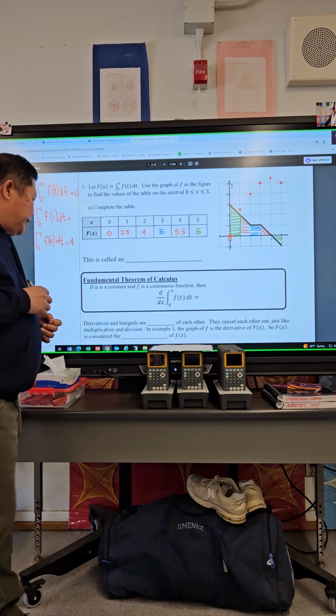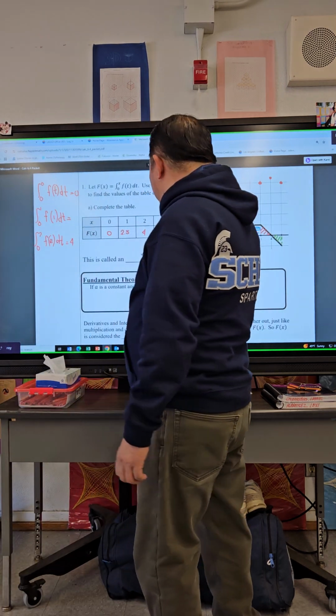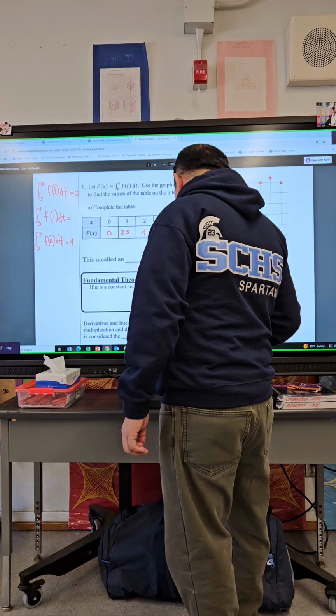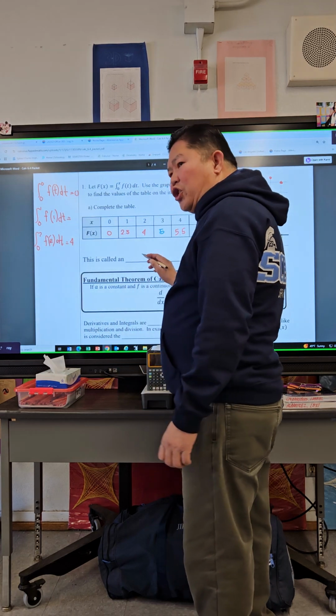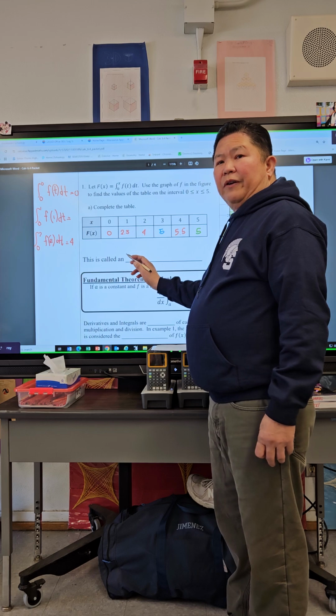So, this one is now called accumulation function. Okay, can you write down the word accumulation function?